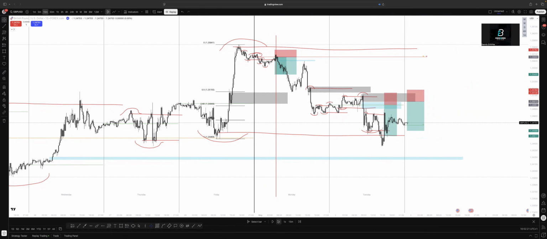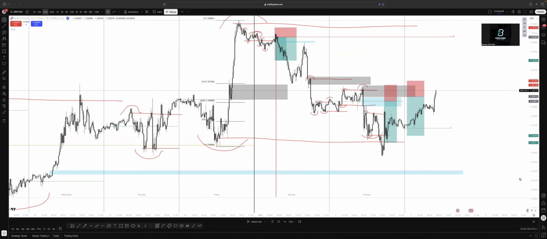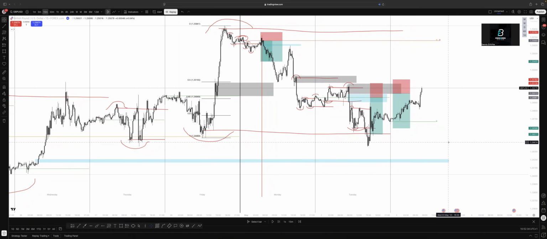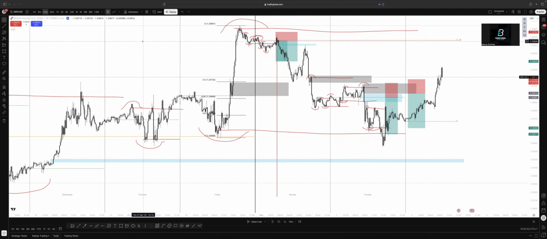This is Tuesday, and now this is Wednesday. Price is active, and trade is active, and the stop shows that. All right, that's cool.